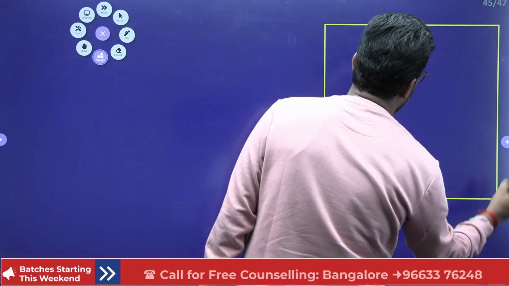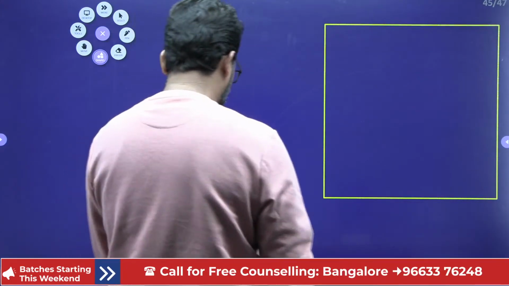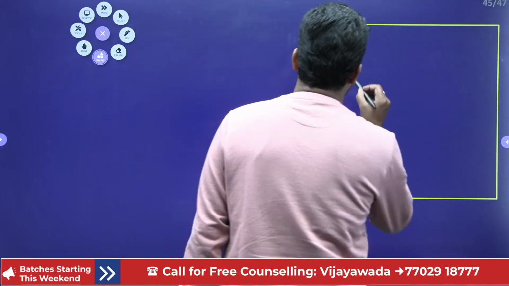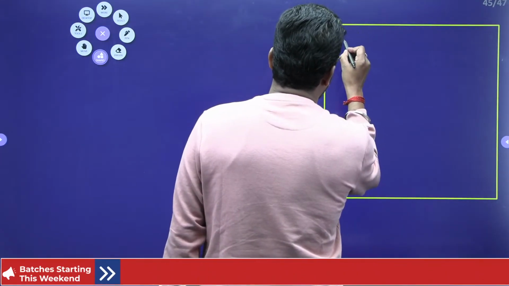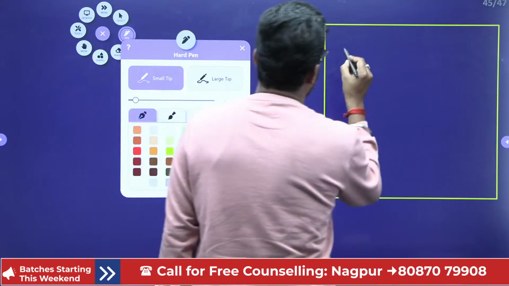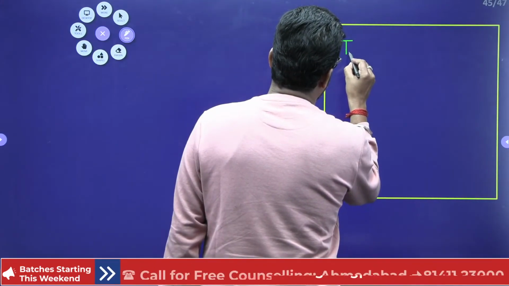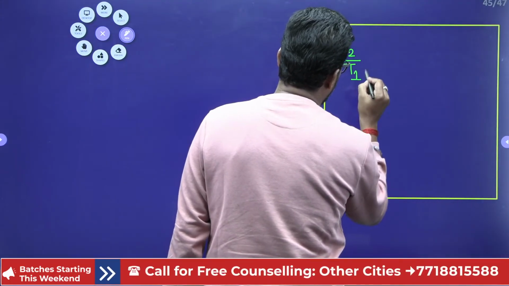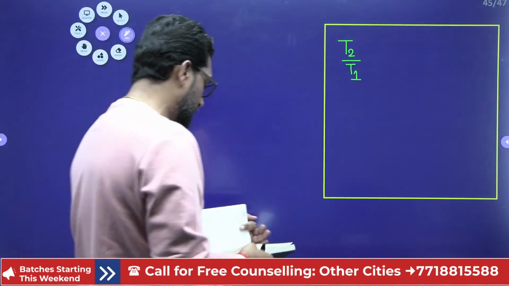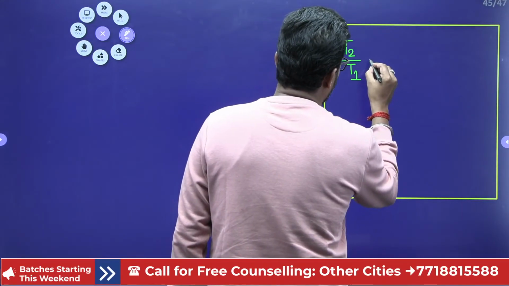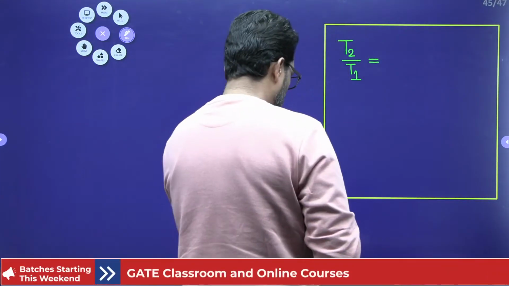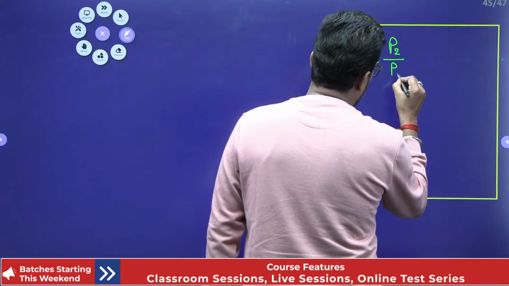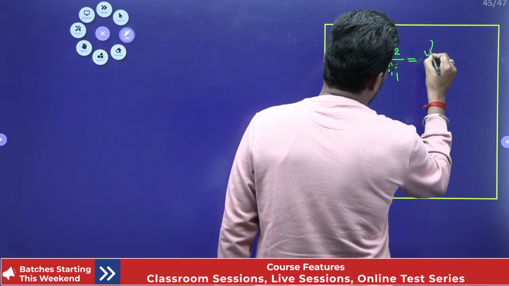So what is that? The first equation, beta: for the adiabatic process, the final temperature over initial, T2 by T1, is equal to P2 by P1, is equal to V2 by V1.